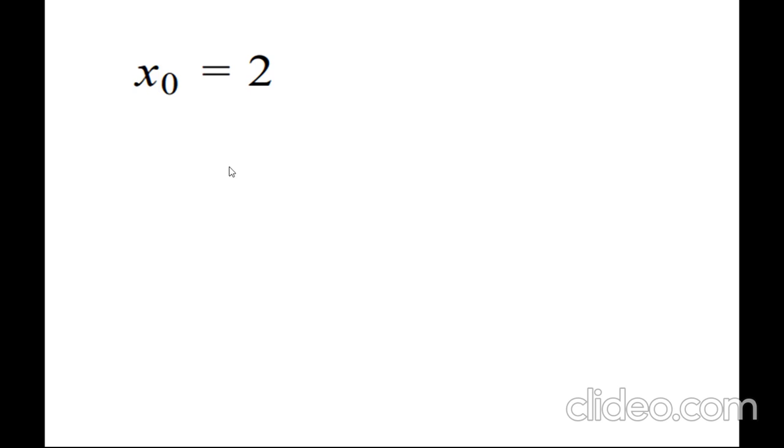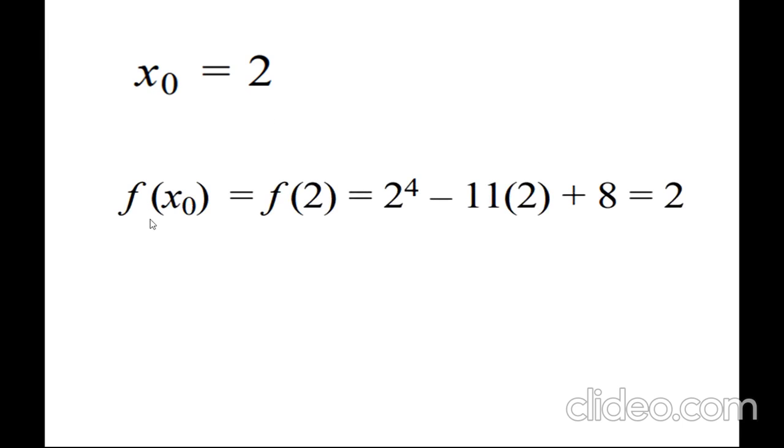Let us take the initial guess x0 as 2. Then for f of x0, replace the value of x by 2. So f of 2 is equal to 2 raised to 4 minus 11 into 2 plus 8, which gives f of x0 equal to 2.